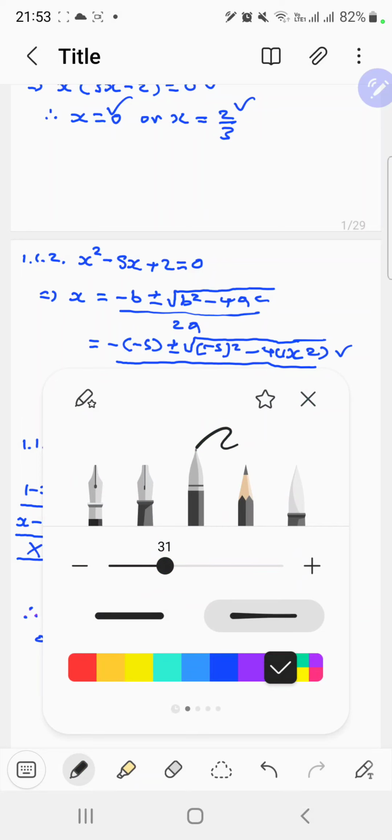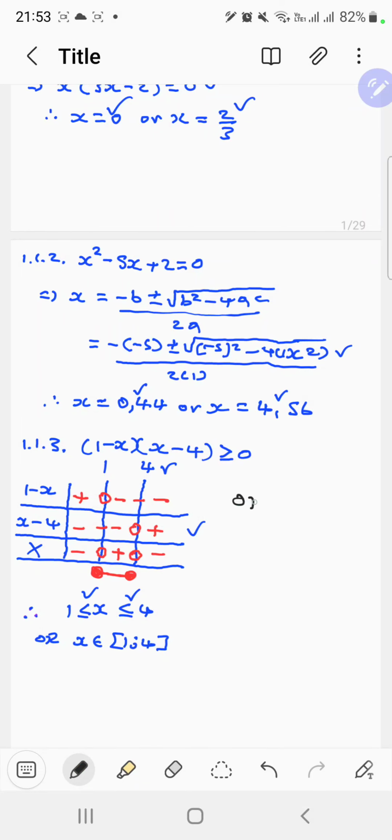You may also have thought of solving this one graphically, which is still allowed. So if we do this one graphically, we know that our critical values are 1 and 4.